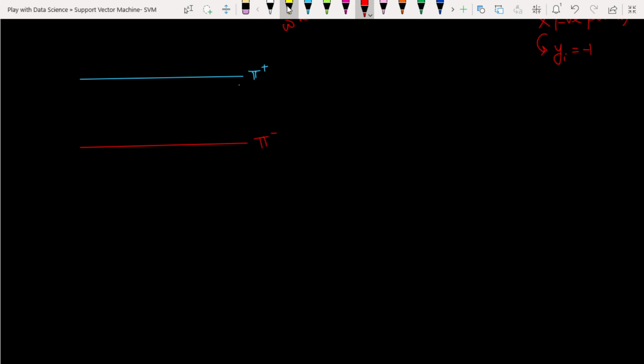And the distance between these two planes, let's take it as d, the perpendicular distance, and this is our margin.